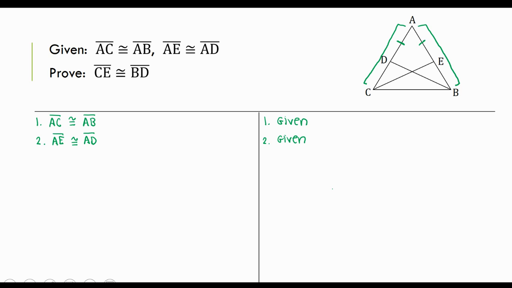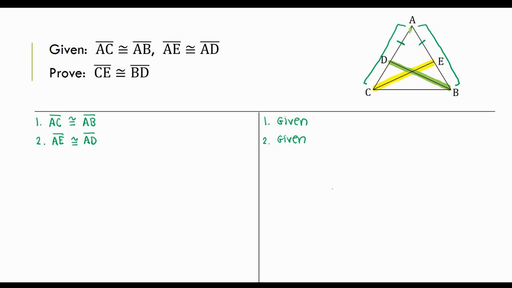So if I want to try to prove that this side CE is congruent to BD, which let me highlight with a different color, we have to think about what triangles are going to be a part of those 2 sides, but also probably have something to do with the pieces that we already have congruent.